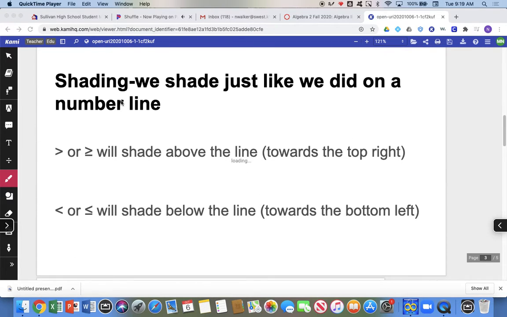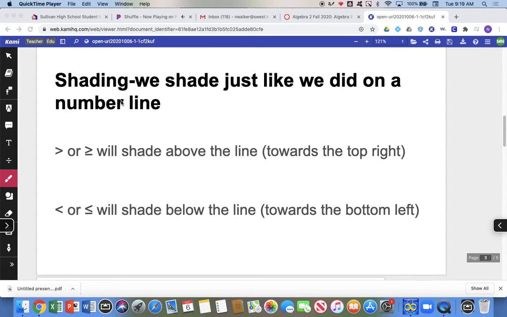All right, the second thing after we make our line is we are going to shade. Whenever it was just on a regular number line, if it was greater than, we shaded to the right. If it was less than, we shaded to the left, because that's the direction we're working with. Whenever you have an x and y axis, on a greater than symbol you'll shade above the line.